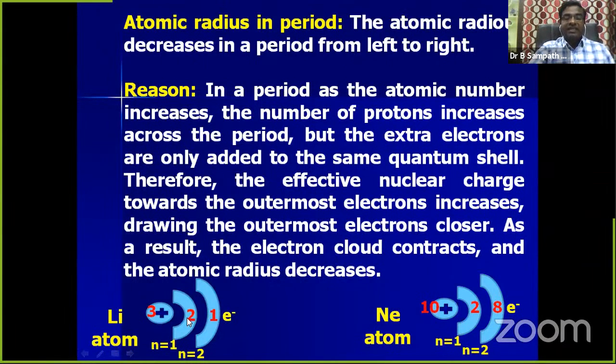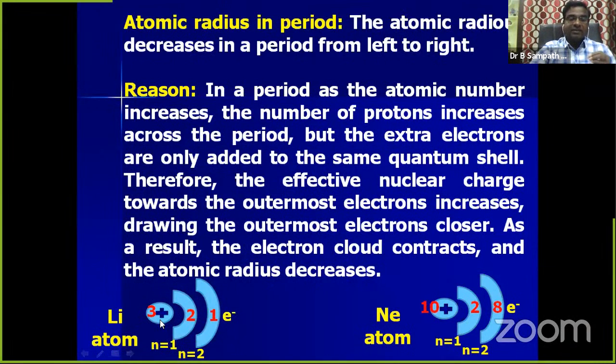Within the radius, lithium has only 2 shells or 2 orbits, and neon also has 2 orbits, but neon has 10 protons in the nucleus and 8 electrons in the outer orbit, whereas lithium has 3 protons and only 1 electron. Now see the attraction between the positive species and the negative species.